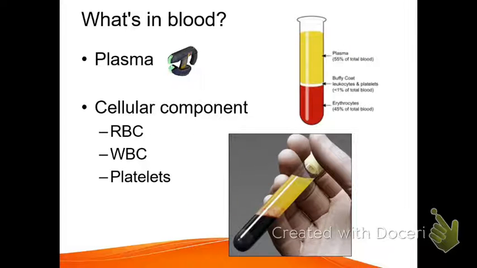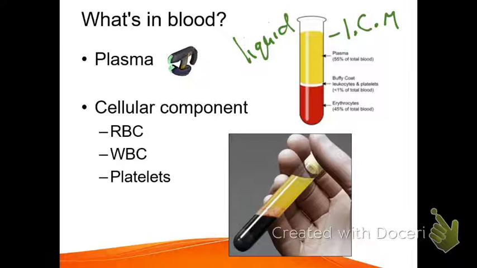What is in blood? Well, like we said, we have the cells in an intercellular matrix. So the plasma is the liquid part of the blood. And we could say that, so I'll write down liquid here. This is the intercellular matrix. It's the stuff between the cells.